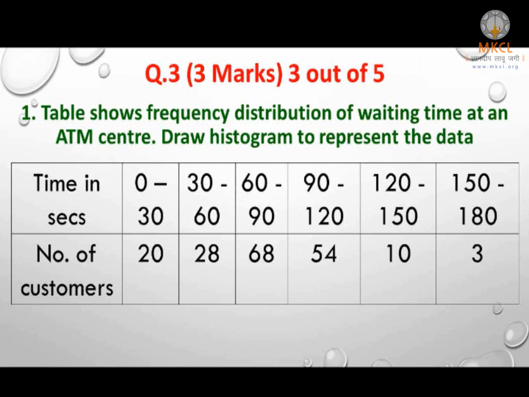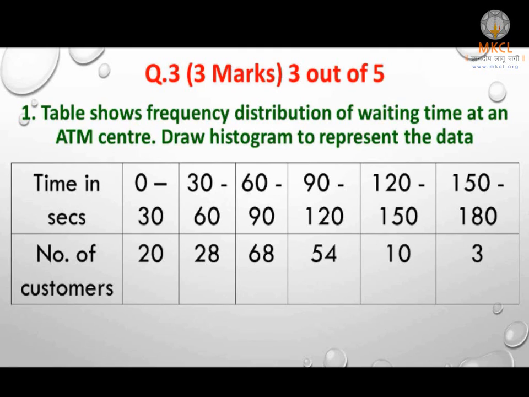Now for histogram, remember the bars that we write must be joined, and therefore the class limits must be continuous. If they are not continuous, we'll have to make them continuous and take the classes in the true class form. Here the classes are already continuous.